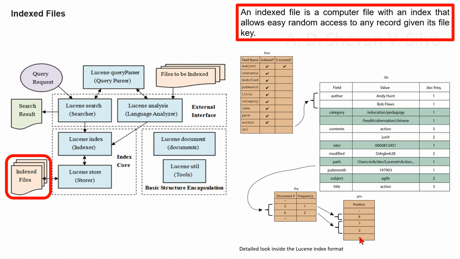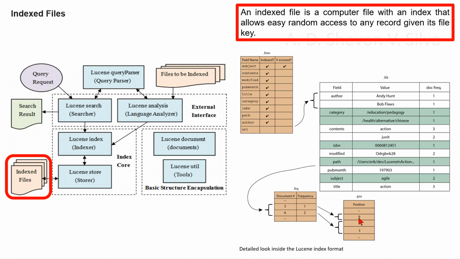This figure shows 3 positions, one for each occurrence of the term JUnit. The first occurrence is in document 5 in position 9. In the case of document 5, the field value after analysis is Ant, Action, Apache, Jakarta, Ant, Build, Tool, Java, Doc, Development, JUnit, Eric, Hatcher, Steve, Logan.